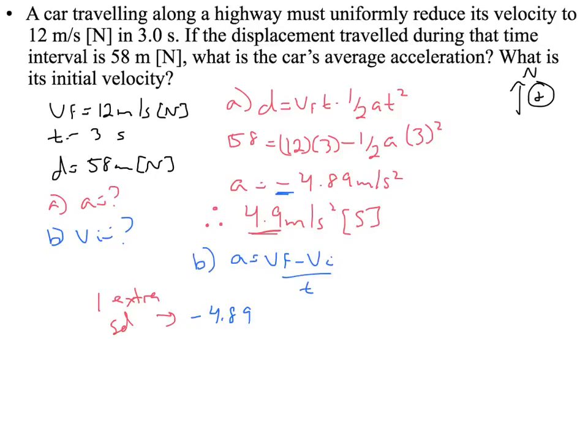This is to avoid any kind of rounding errors. And that's going to equal 12 minus VI over 3. Once you've done a little bit of rearranging, you get VI equal to 27 meters per second. Now, it's a positive number, therefore we know that VI must be in the northern direction. If you've used your signs properly, you'll always come out with the proper direction.